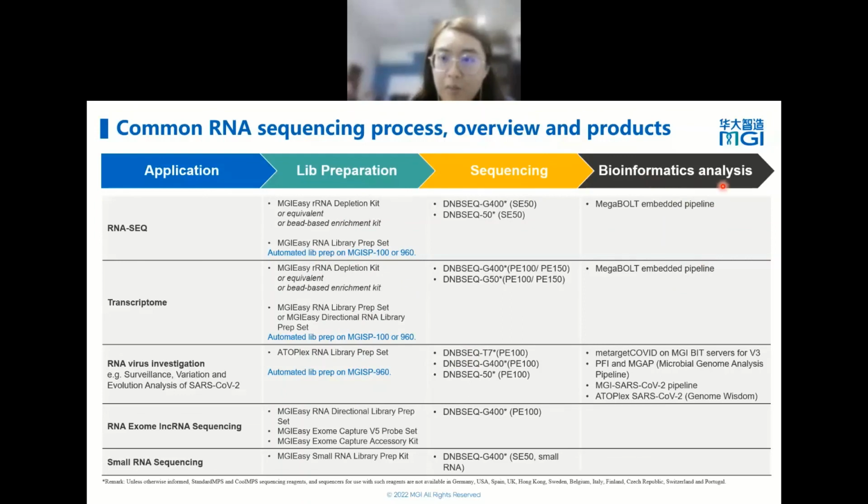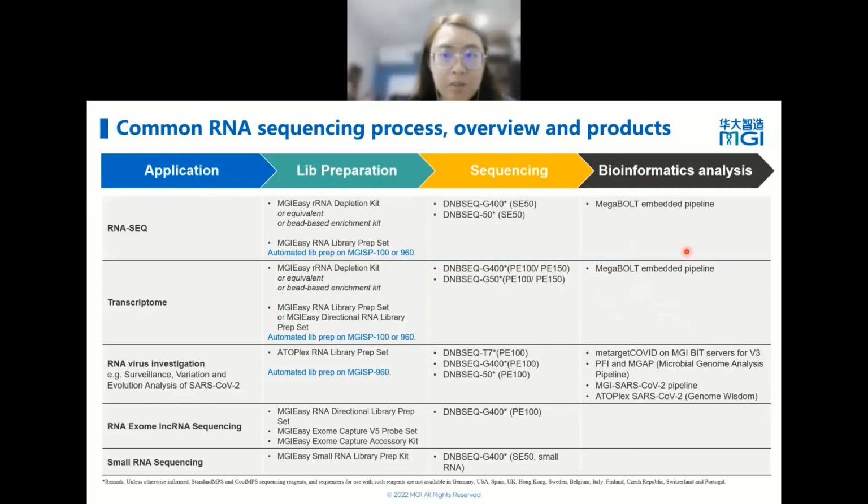And then for bioinformatics analysis, we have our MegaBot bioinformatics analysis hardware or workstation. It also doubles as a server. Just to put it into perspective, we are talking about a whole genome human sample at 30x coverage, which is about 100 gigabases.